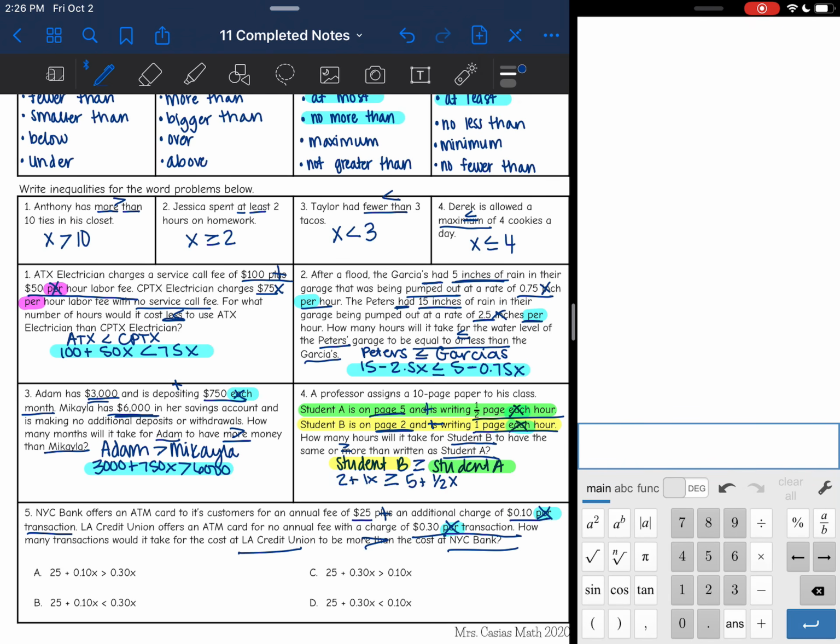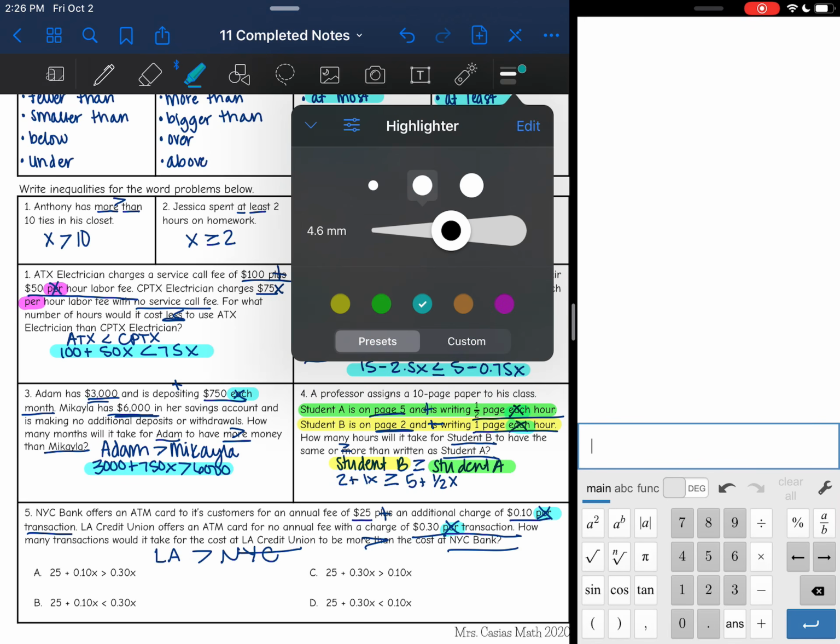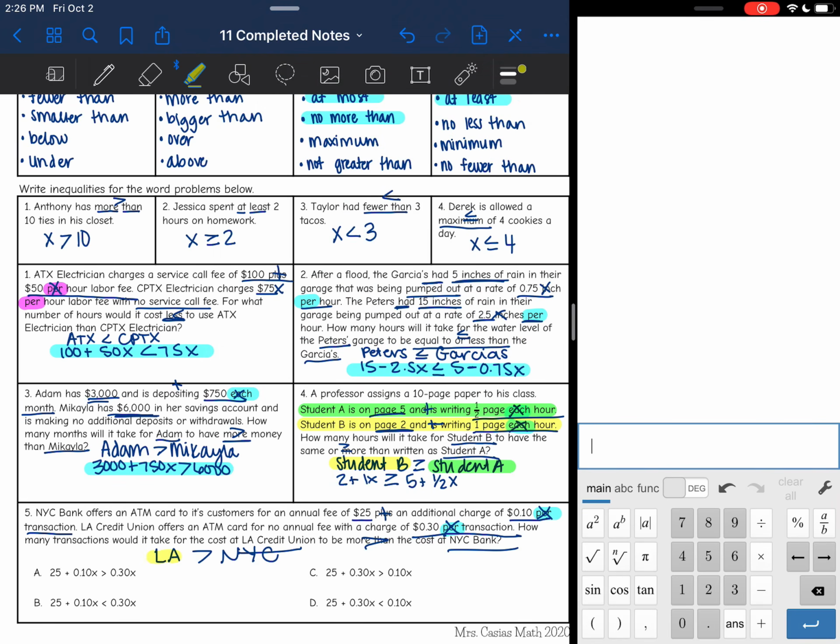So I want to know when the LA Credit Union is more than NYC. Be careful about the order of the information. LA is first in our inequality, but it was second in the word problem. And then NYC was second in the inequality, but it was first in the word problem.